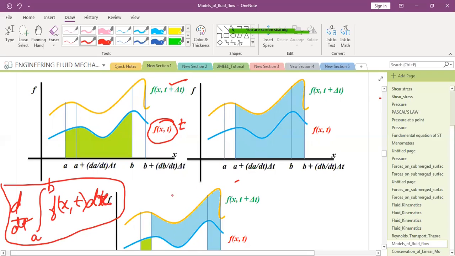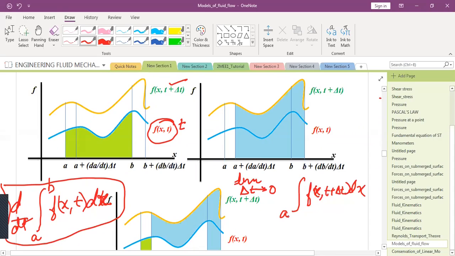Now, by using the definition of the derivative, what should I write down here? Limit delta t tends to 0. What else? The integral of f(x, t plus delta t).